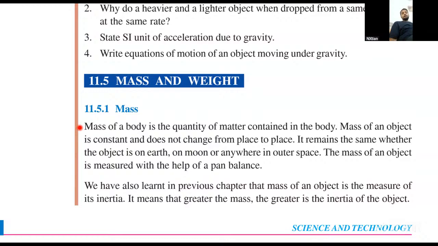So basically, I will give you one business idea. Equator has less gravity and poles have more gravity. So you buy gold from Dubai, from India, from these places, and then go to Antarctica and sell that gold. If you buy 2 grams, there it will become 2.2 or 2.5 grams.